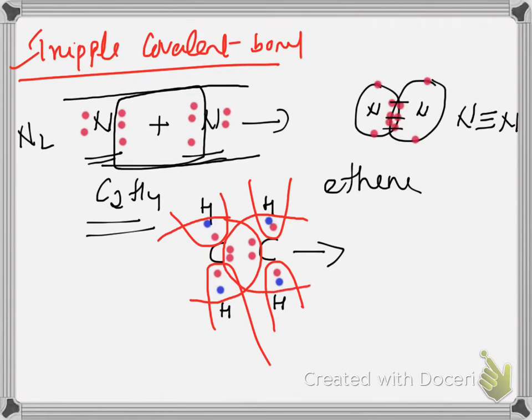So when we draw the bond between the 2 carbon atoms, you can see 4 electrons, that is 2 pairs, 2 bonds. Between carbon and hydrogen, you have 2 electrons, that is 1 pair, a single bond. So carbon and carbon are connected through a double bond, but the carbon-hydrogen bond is a single bond. Both bonds can be seen in this molecule at the same time.